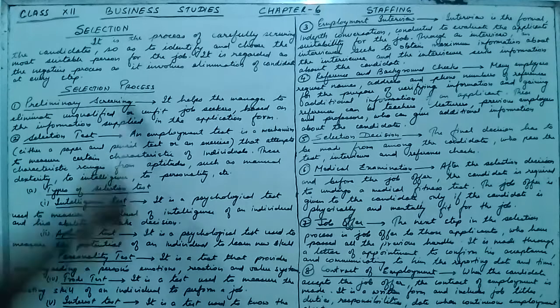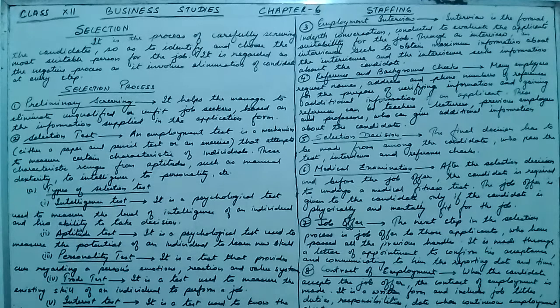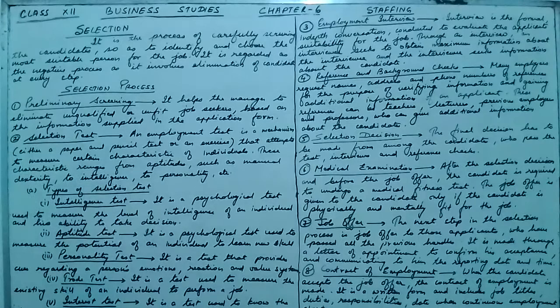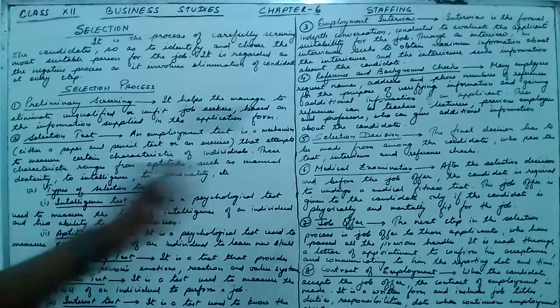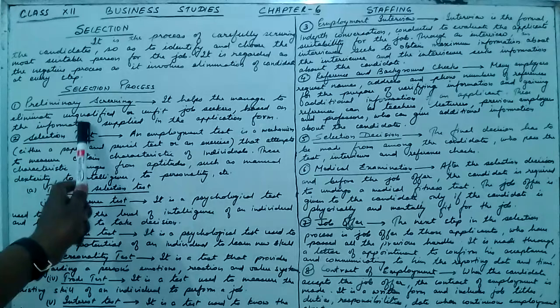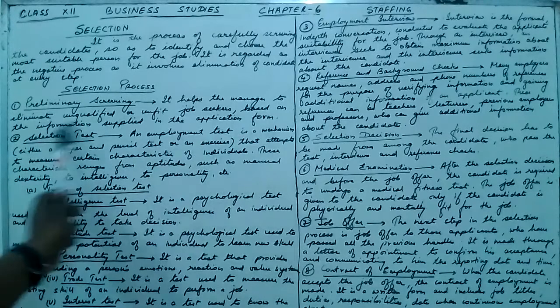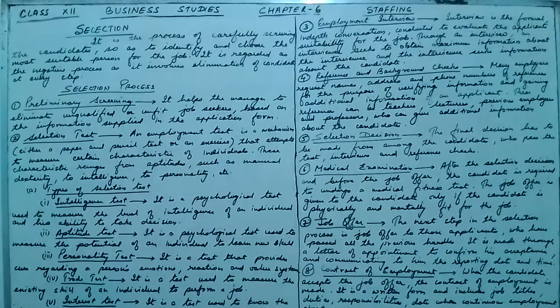Now the selection process. Basically there are 8 processes of selection. The first process is preliminary screening. Preliminary screening helps the manager to eliminate unqualified or unfit job seekers based on the information supplied in the application form.